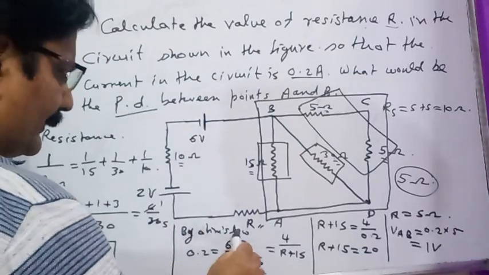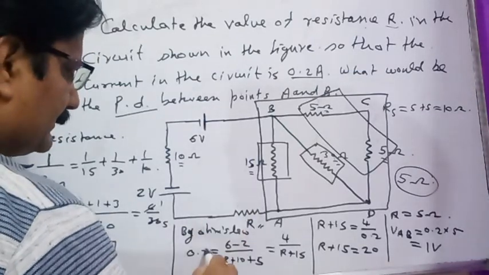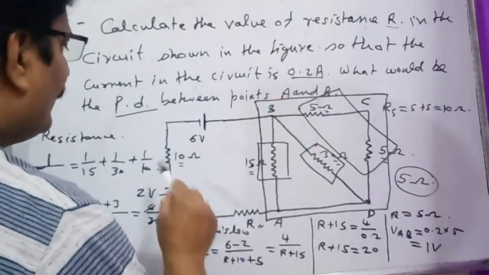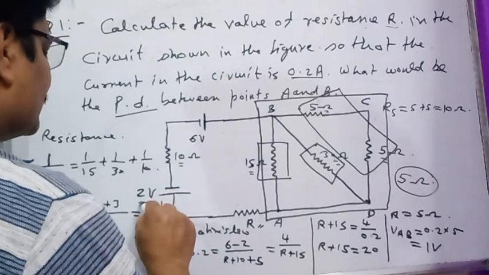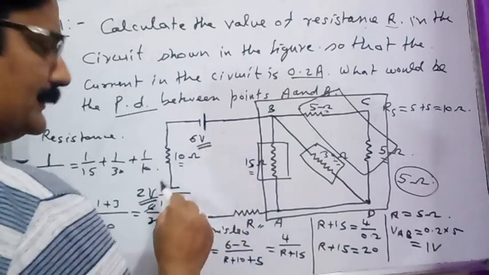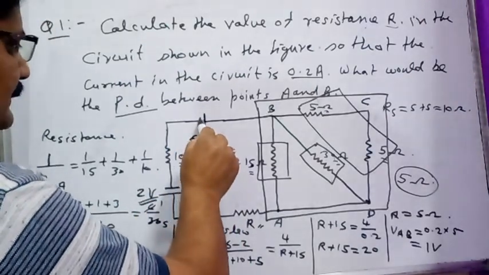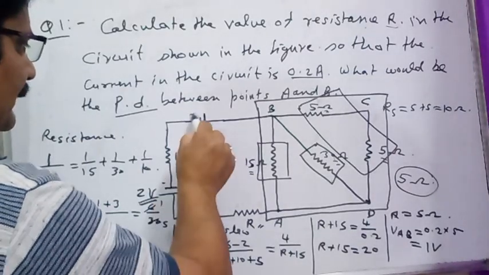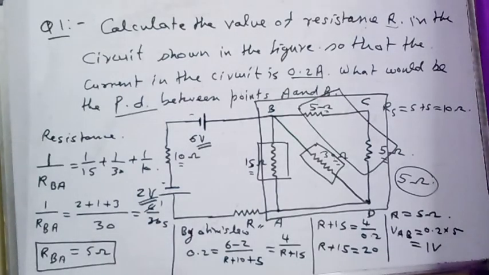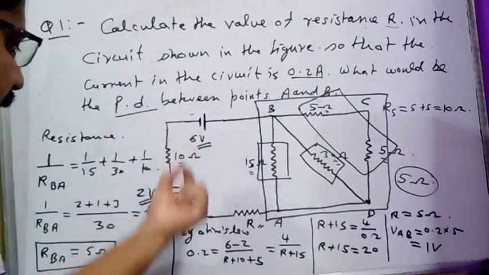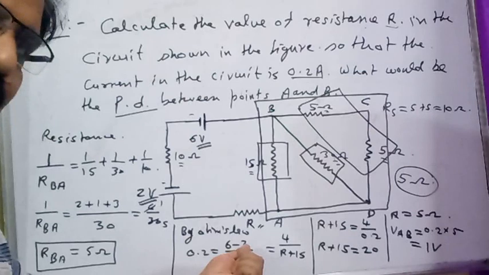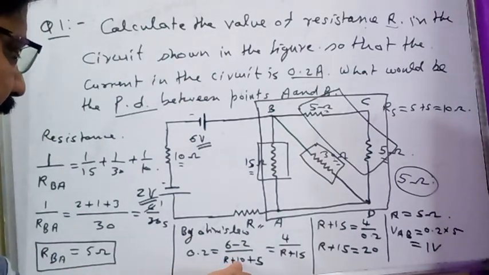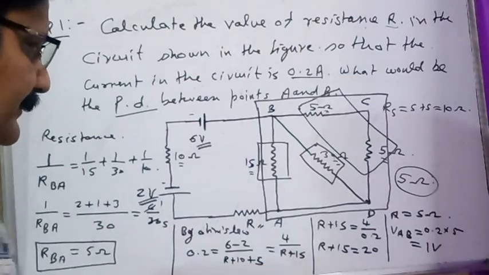If we use Ohm's law, the current flowing in the circuit, 0.2 ampere as given in the question, is equal to the potential difference divided by resistance. What is the potential difference? 2 volt and 6 volt. As they are connected with the same polarity, minus and minus in the same direction, the equivalent potential is going to be 6 minus 2, that is 4 volt, divided by the total resistance of the circuit, 10 plus 5, 15, that is R plus 15.